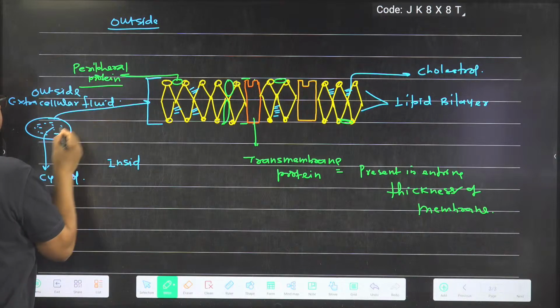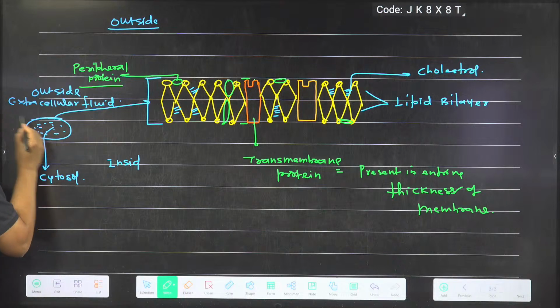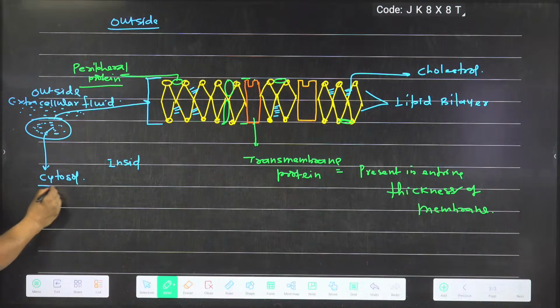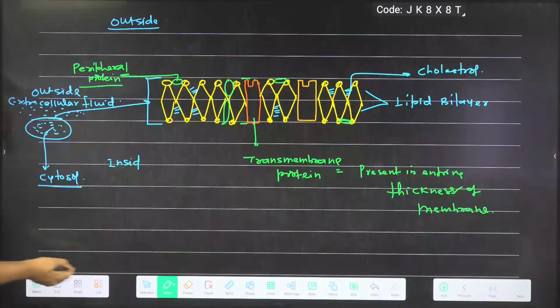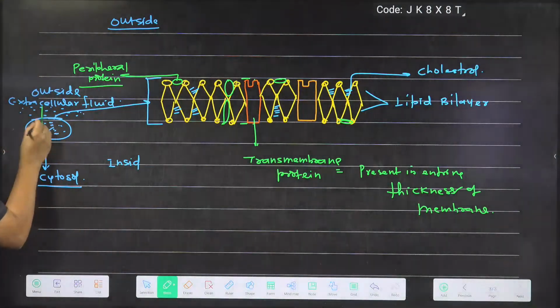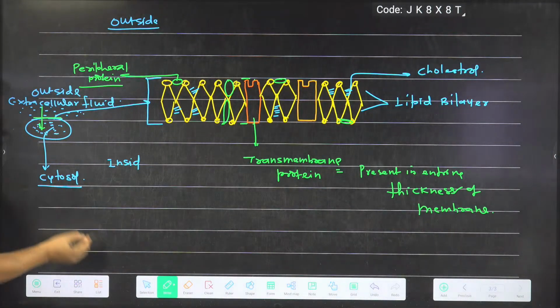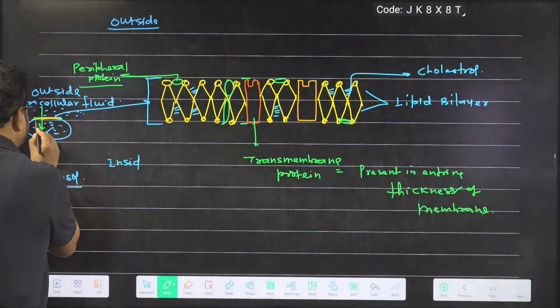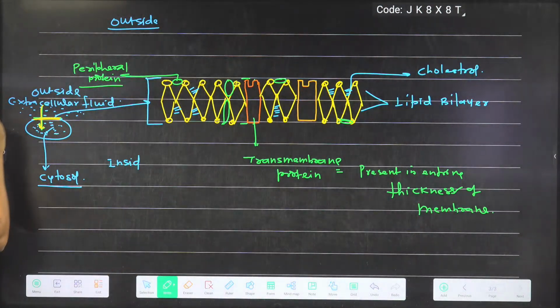In between is the barrier, that is the plasma membrane, which is a selectively permeable membrane. Now how does anything move from one side to the other across the membrane? Are you getting the idea?